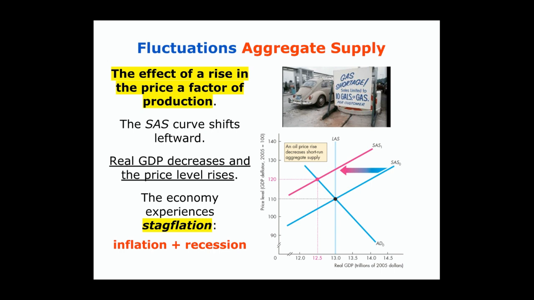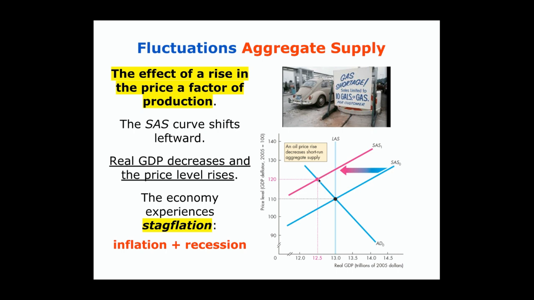Now, the explanation for this is that when you have a rise in a very important factor of production, one that was used really in all parts of the economy, something like oil, well, we have an increase in the price of a factor of production, then the short run aggregate supply curve will decrease, and it'll shift to the left.